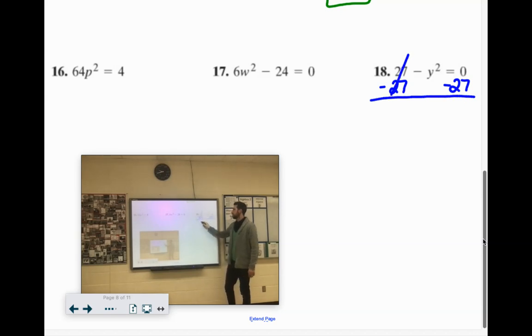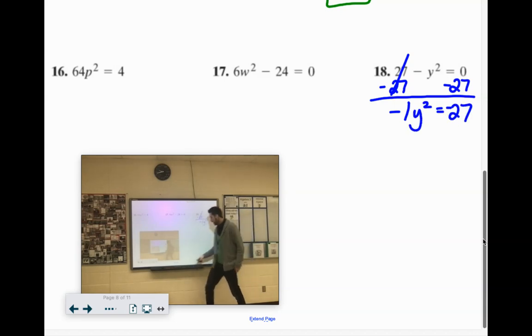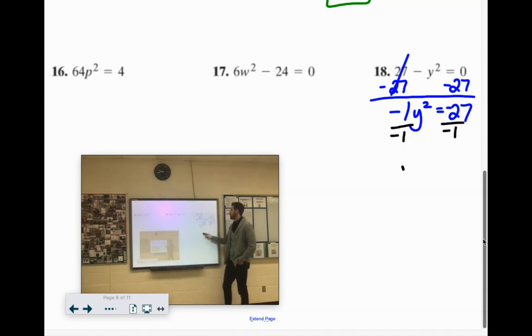Those would cancel. We'd have negative y squared, which again means negative 1 y squared equals negative 27. And then we could divide by negative 1, which would give us y squared equals negative 27 divided by negative 1, which is positive 27.